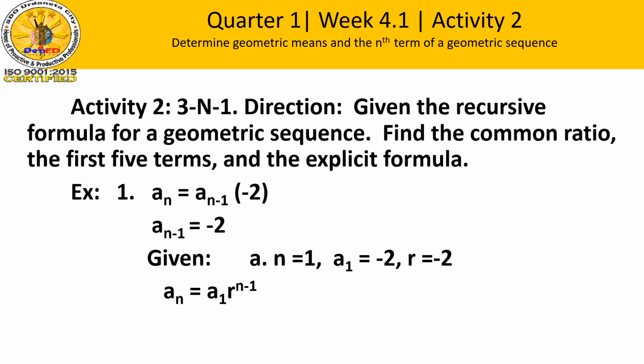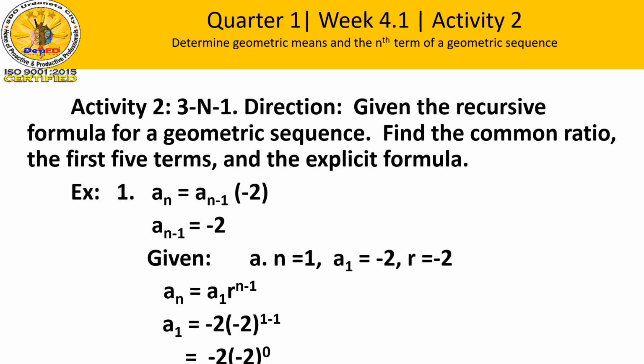So using your geometric sequence formula, we have now your a sub n is equal to a sub 1 multiplied by r raised to n minus 1. By substituting the value of n, a sub 1, and the ratio, we have a sub 1 is equal to negative 2 multiplied by the quantity negative 2 raised to 1 minus 1.